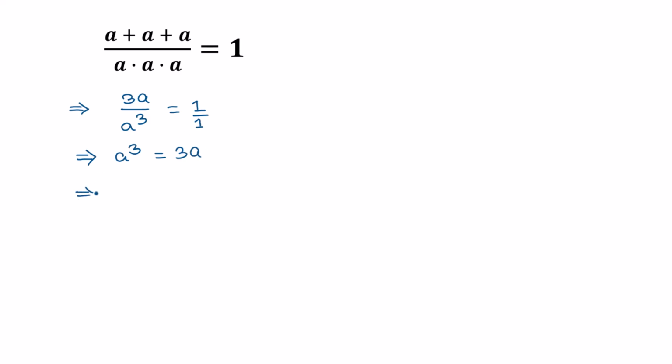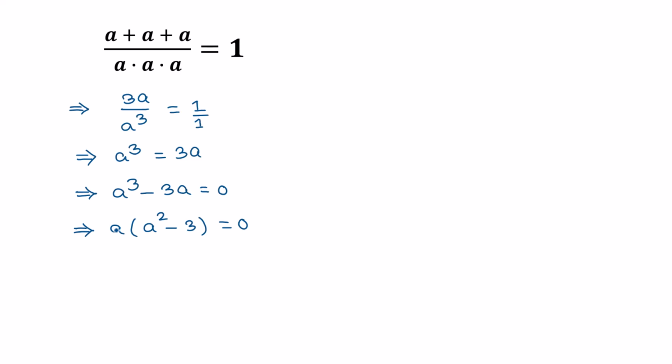Taking this 3a to the left side, we get a cube minus 3a is equal to 0. Now taking a common, we get a times (a cube divided by a remains a square, minus 3) is equal to 0.